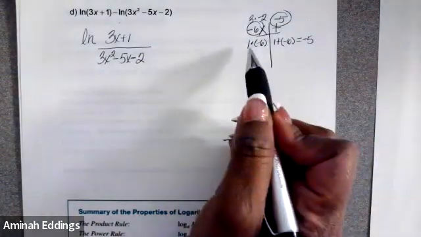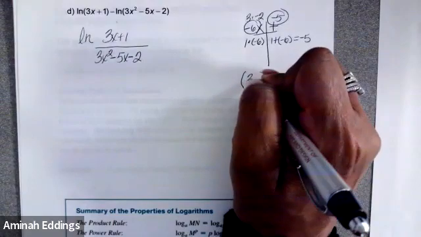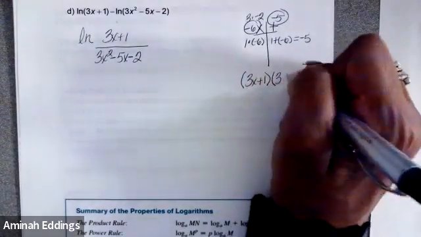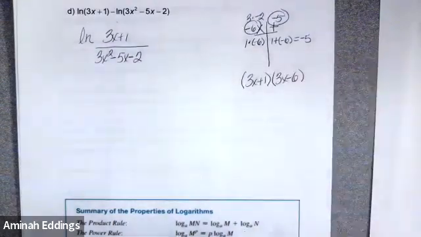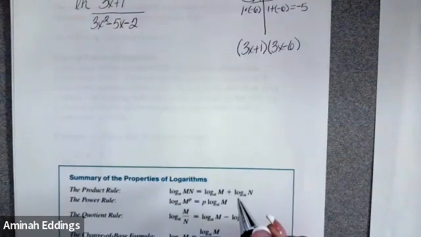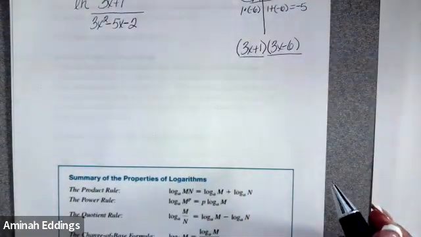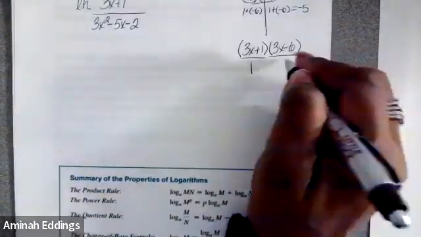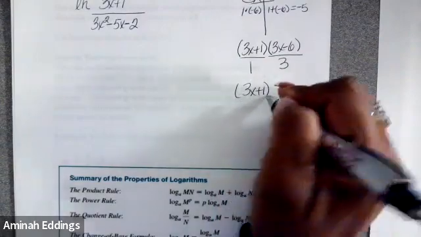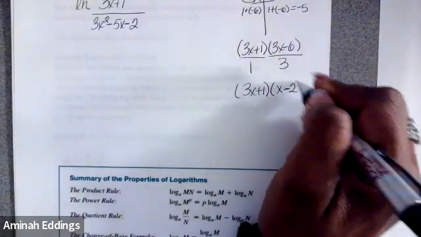Then we take those two factors and put them with our 3x squared. So we get 3x plus 1 times 3x minus 6. Our last step is to divide by the GCF. This one is 1 and this one is 3. So our factored form is 3x plus 1 times x minus 2.